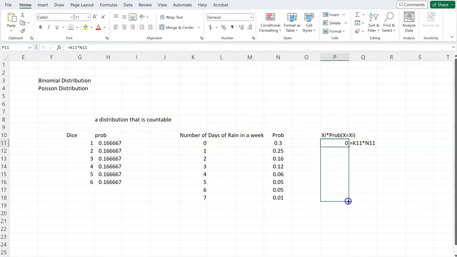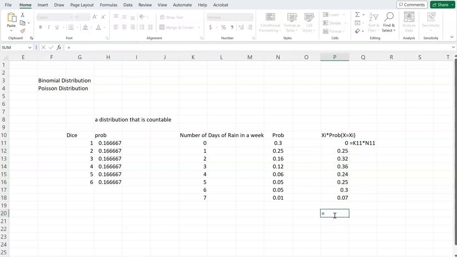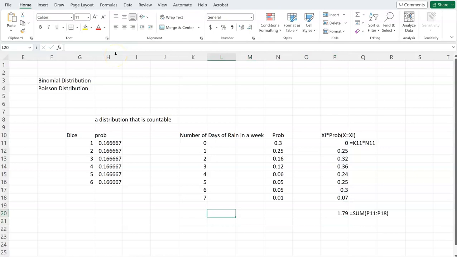I'm going to just copy the formula all the way down to here, and then I would just sum it. So the number is 1.79. That means the mean value of days of rain per week is 1.79.